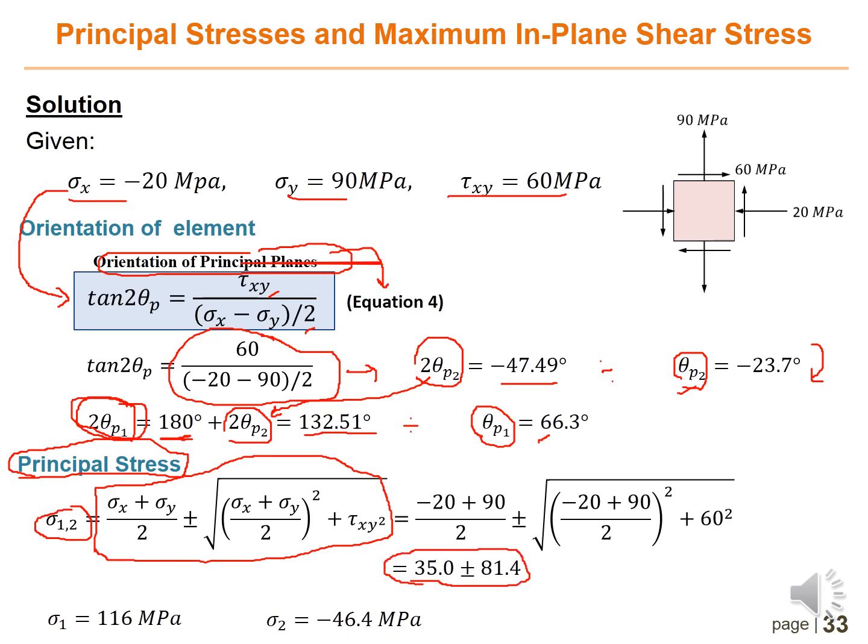So sigma 1 equals 35 plus 81.4, which gives 116 megapascal. And for sigma 2, it is 35 minus 81.4, so you get negative 46.4 megapascal.